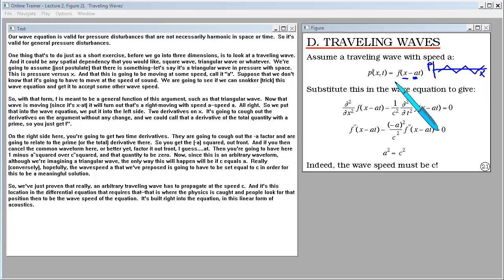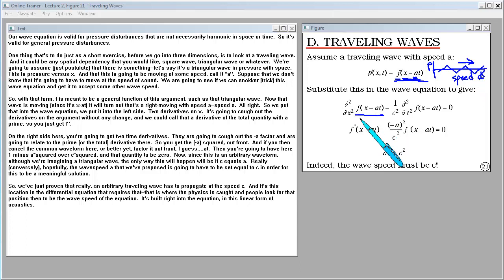With that form, f is meant to be a general function of this argument, such as that triangular wave. Since it's x minus at, it will turn out that's a right moving wave with speed a.